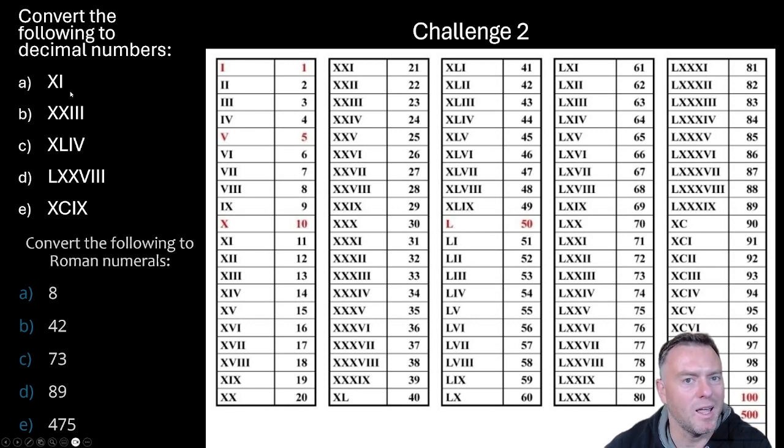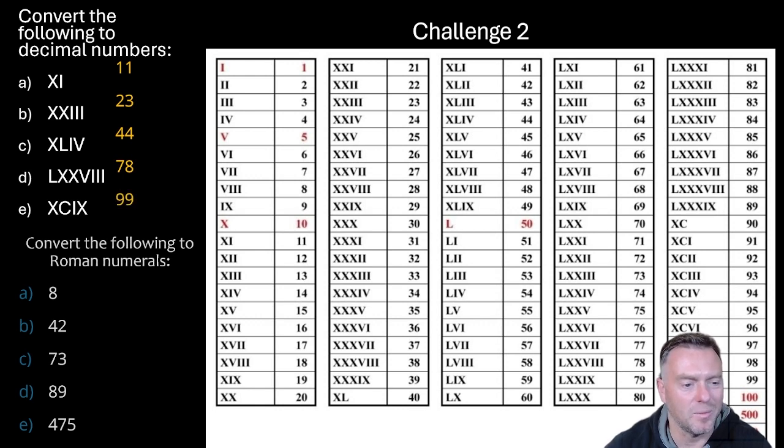Awesome. So the first one, XI, is 11. XXII is 23, XLIV is 44, and then LXXVIII, so that's LXX is 70, and then VIII is 8, XC is 90, and then IX is 9, so that's 99.